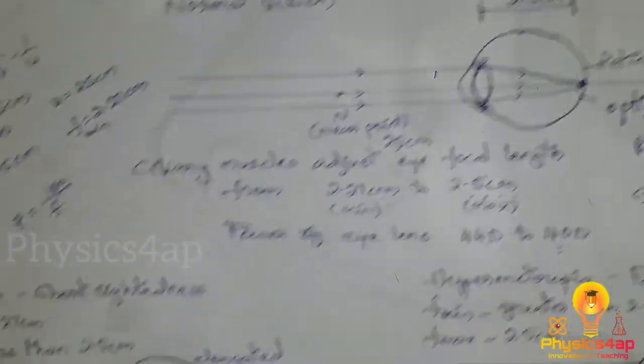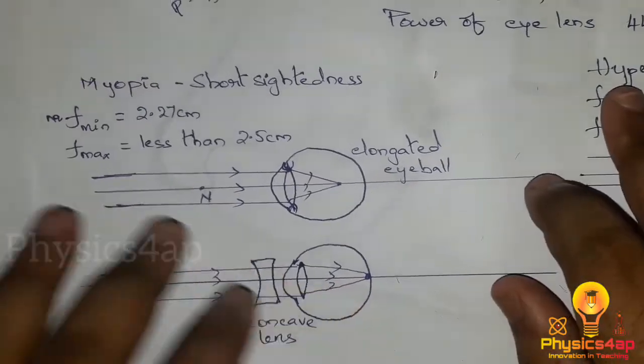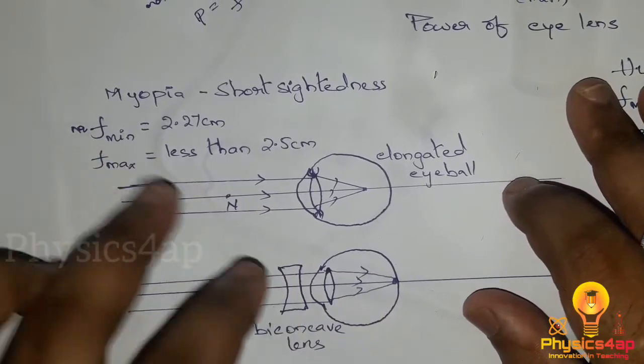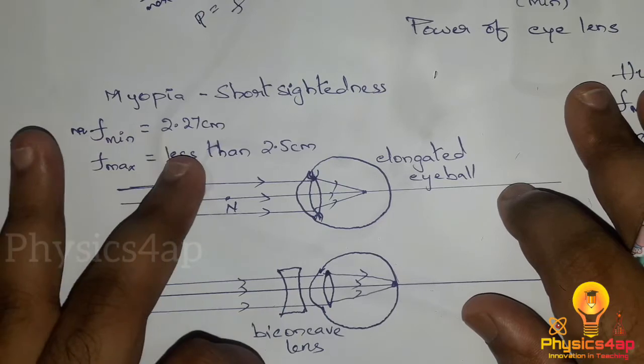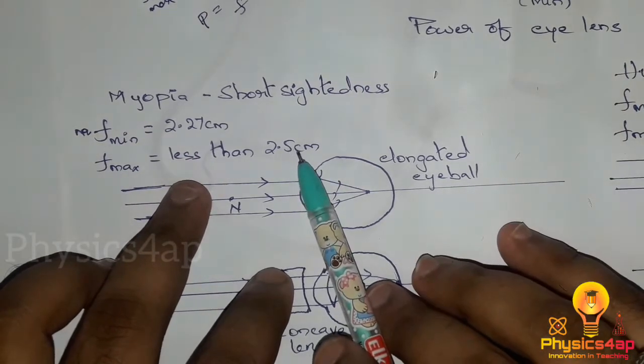Now the defect of myopia, which is also called short-sightedness. Here the minimum focal length will be 2.27, but the maximum focal length will be less than 2.5 centimeters.